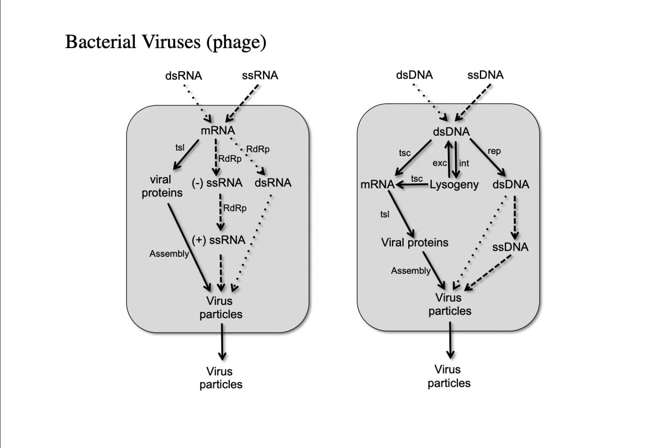Bacterial viruses are either RNA viruses or DNA viruses, and the RNA viruses can be either single-stranded or double-stranded, and also the DNA viruses can be either single-stranded or double-stranded. That is what they carry in their capsids. So the RNA viruses first inject their RNA into the cell. They then also carry along with them an RNA-dependent RNA polymerase, RDRP.